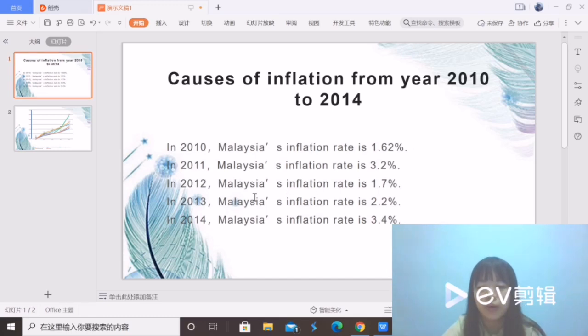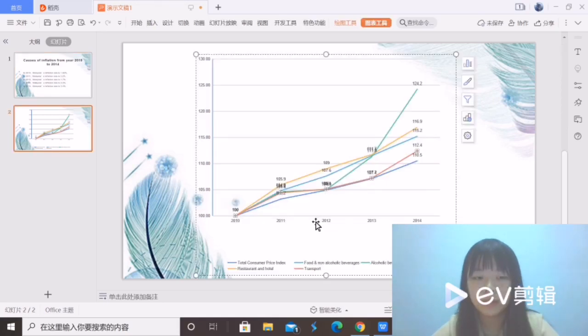In 2012, Malaysia's inflation rate was 1.7%, and the next year the inflation rate was 2.2%, and in 2014, Malaysia's inflation rate was 3.4%.